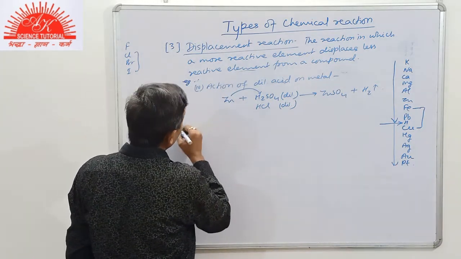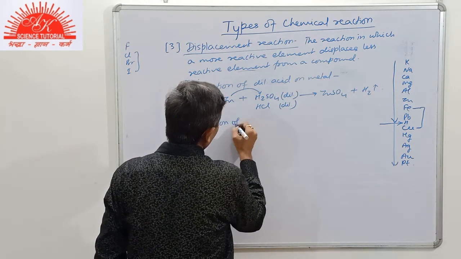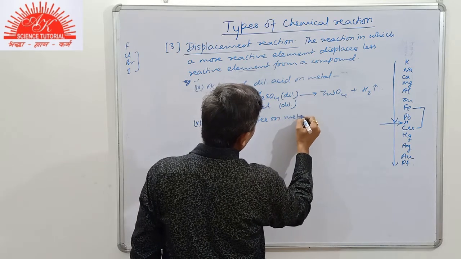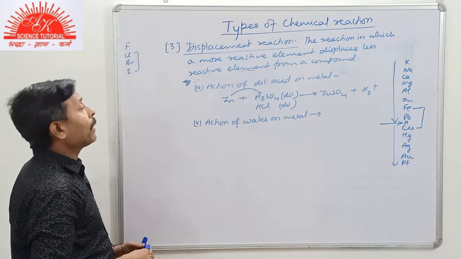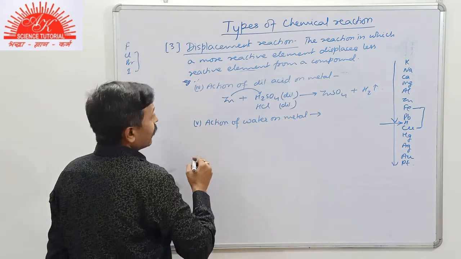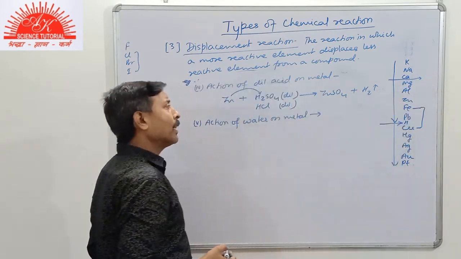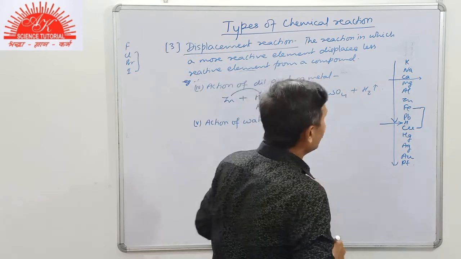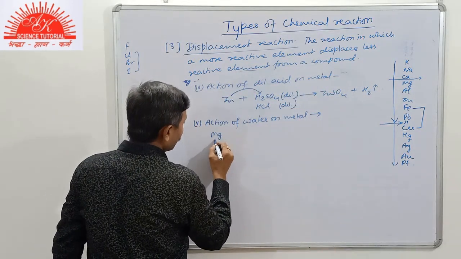Now take another one: action of water on metal, again active metal. Now in this part of the reactions, students, the displacement reaction takes place but the product formed again dissolves in water. So below that, suppose we take from magnesium to iron.